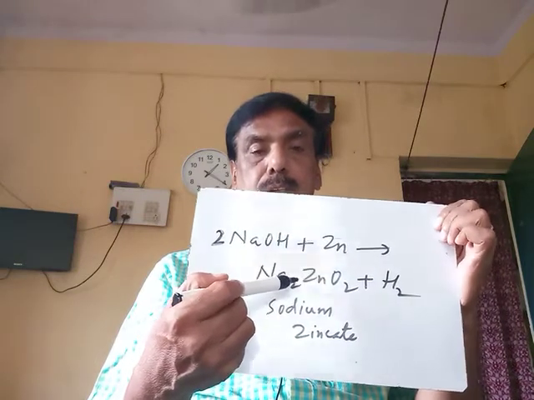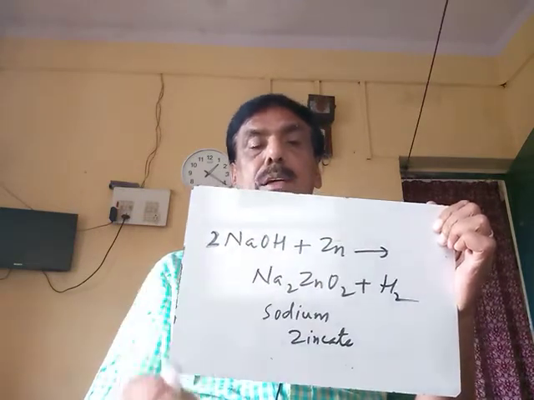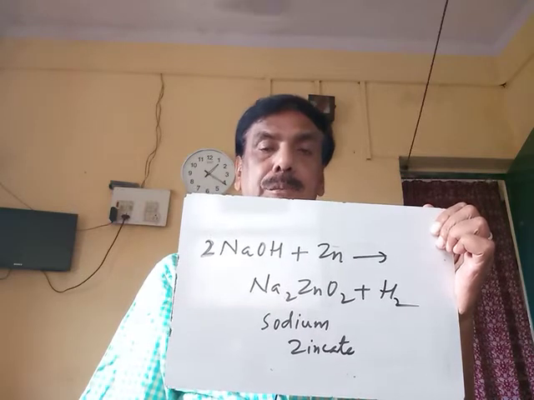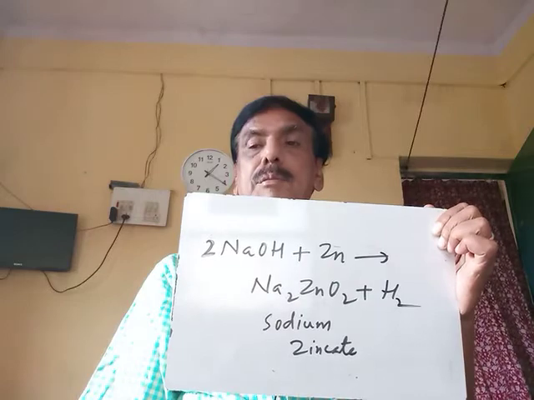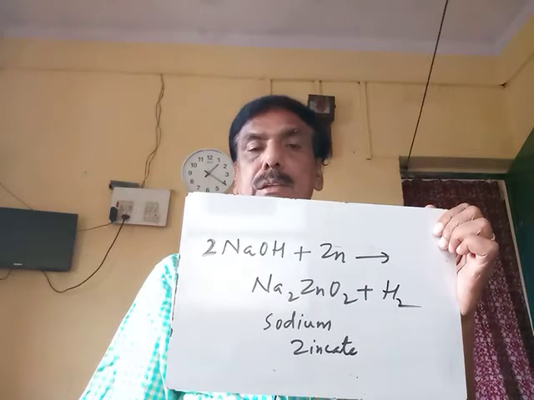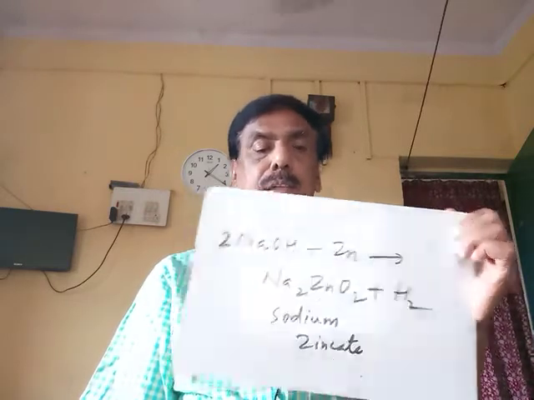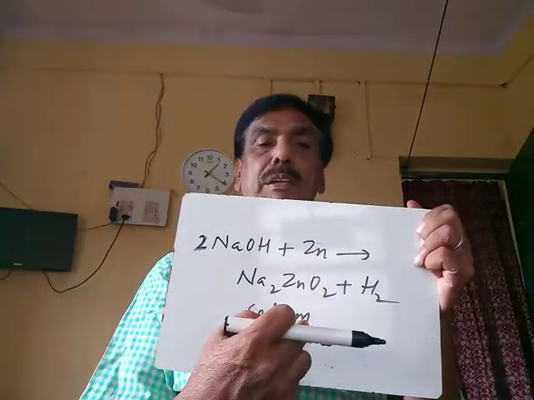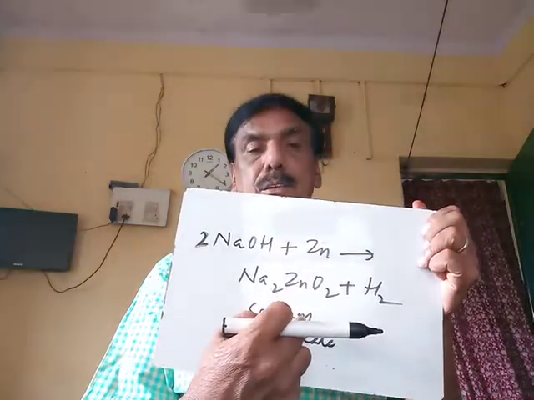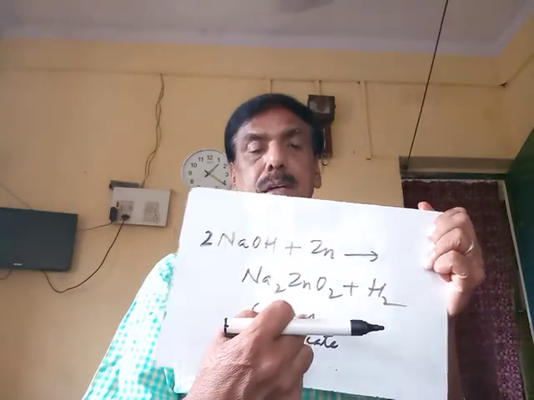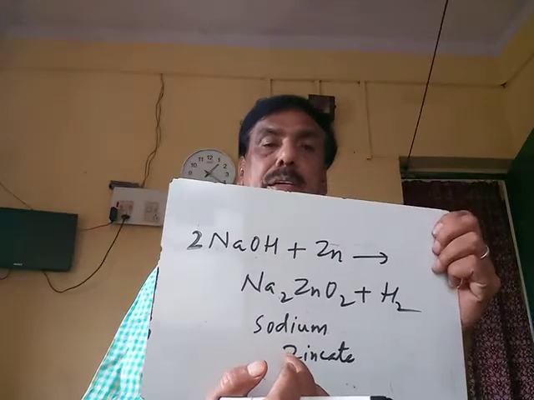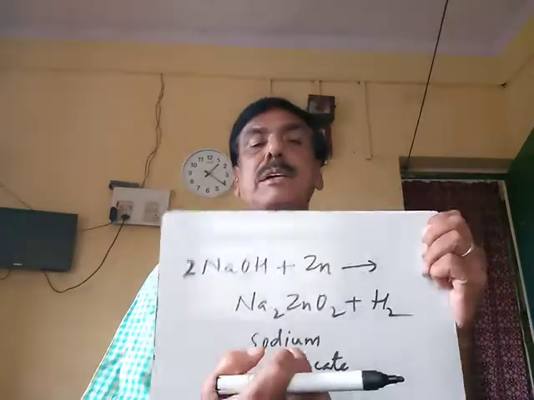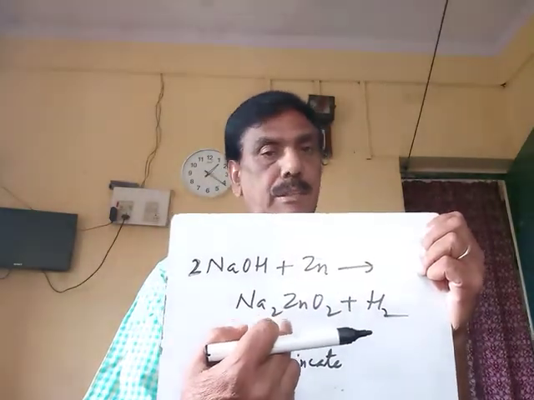In the same way, aluminum reacts with sodium hydroxide to give sodium aluminate. With zinc you get sodium zincate, and with aluminum you will get sodium aluminate.